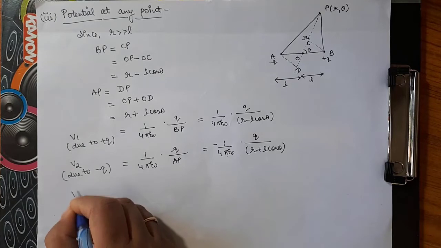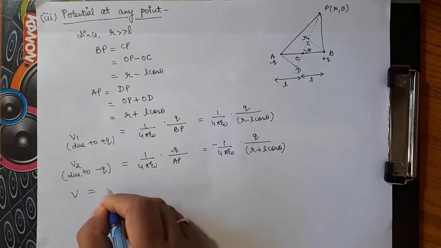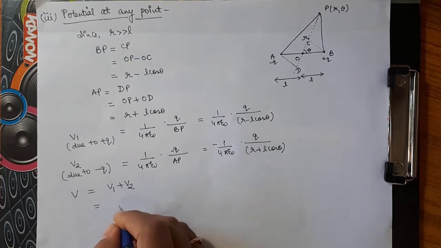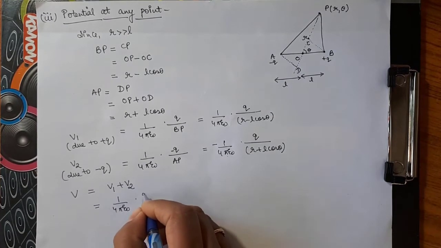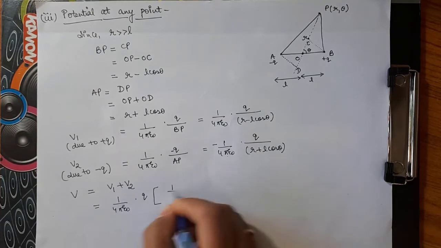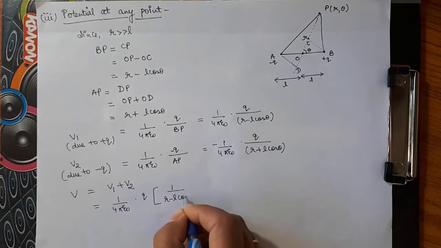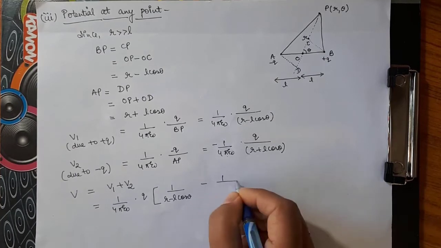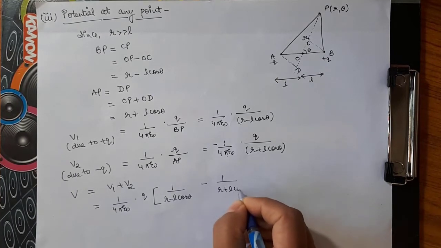So the resultant potential at P, as it is a scalar quantity, will be V1 plus V2. Adding the above two equations and taking common terms to simplify, we are left with r minus L cos theta and r plus L cos theta in the denominator.